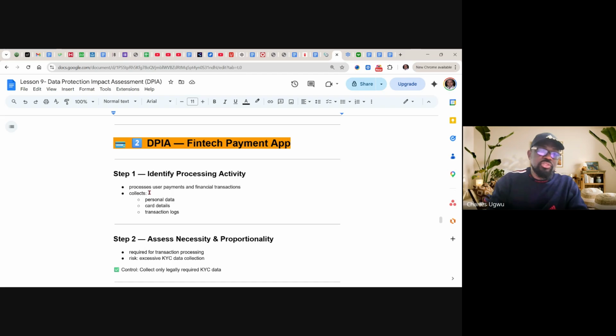The processing is that we need to process user payments and financial transactions, and the data we are collecting is personal data, credit card or bank card details, and transaction logs. So we first identify it.